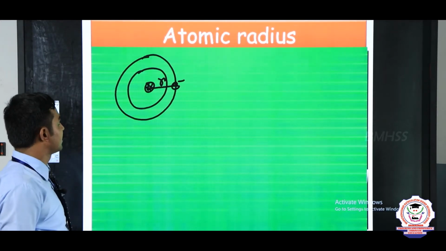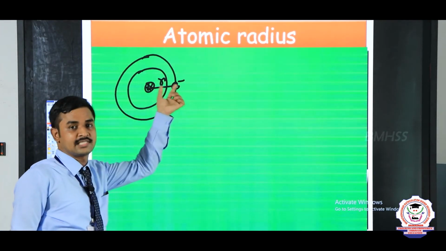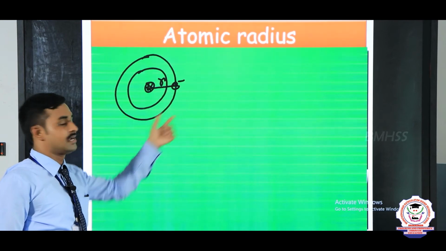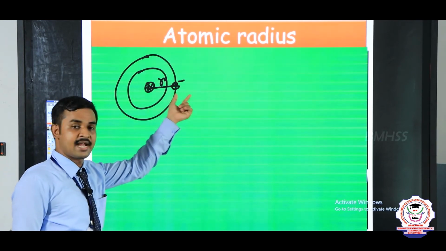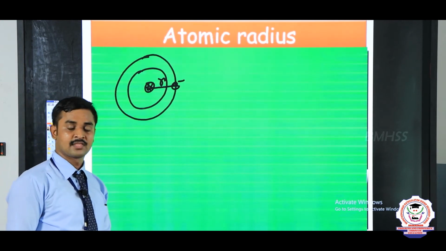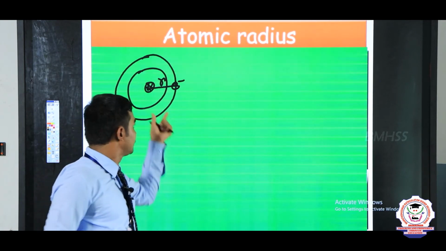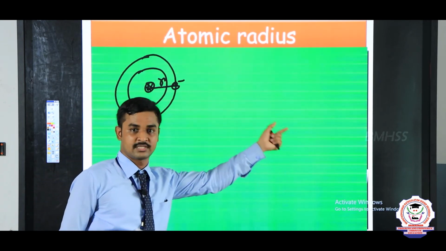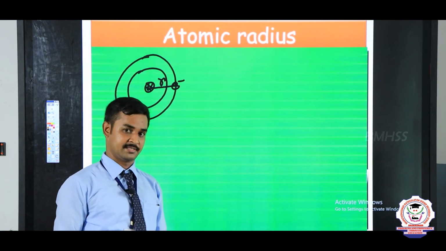So, radius is nothing but the distance between the nucleus and the last outermost electron. So, how can you write the atomic radius definition? The atomic radius is the distance between the nucleus and the last outermost electron. So, this is the correct definition for the atomic radius.